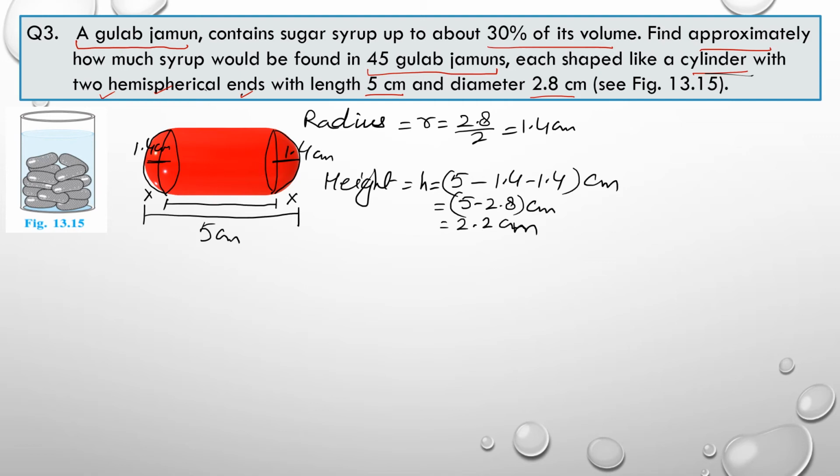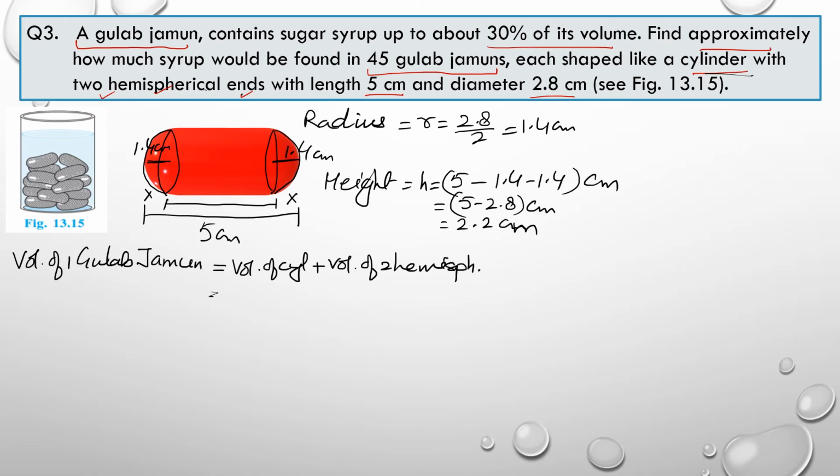So first we will find the volume of the gulab jamun. Then we'll find the volume of the sugar syrup. So the volume of one gulab jamun, how can we find? Volume of cylinder plus volume of two hemispheres.